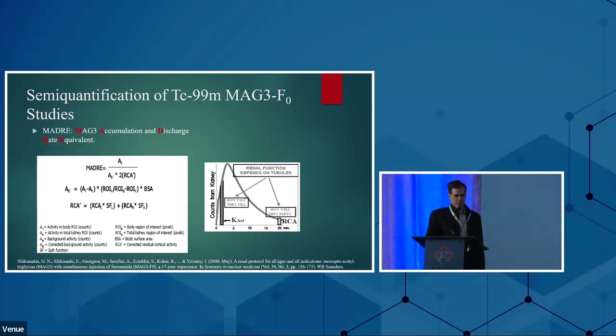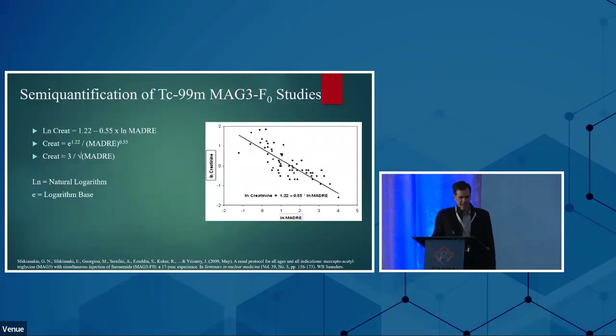There is the upslope, how fast it upslopes. That is one component, and how fast it will empty. So the higher the rate of upslope and the rate of emptying, the better the function. And they determined that on scintigraphy you could estimate the creatinine level by 3 divided by the square root of MADRE.